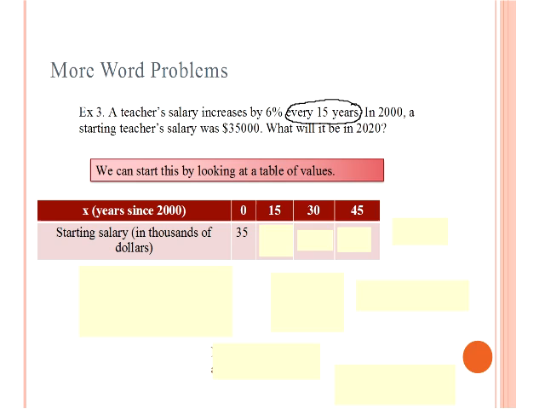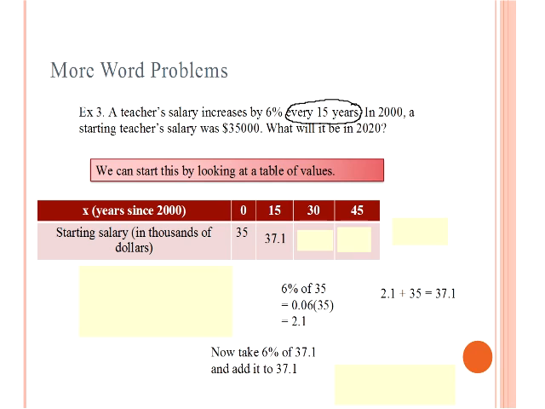So to do so, I'm going to say 6% of the 35, which is 2.1, and I'm going to add this to the 35. And so this means that in 2015, the starting salary would be $37.1 thousand. To get the next one, I'm going to take 6% of that and add it to 37.1.